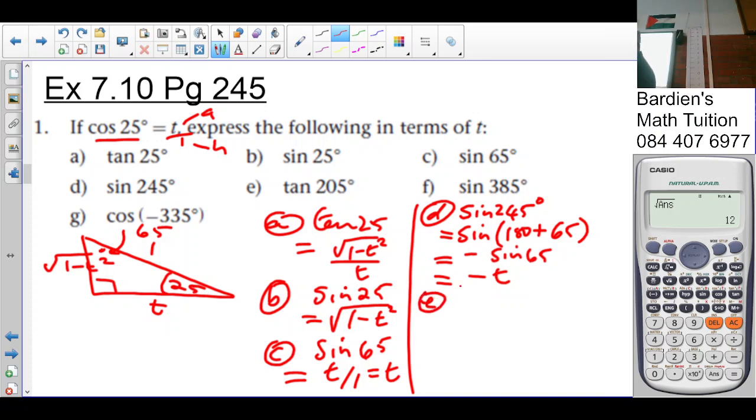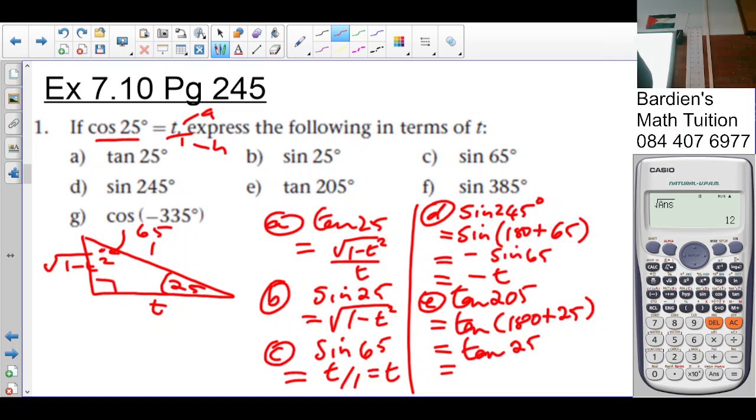E, tan of 205. Which quadrant is 205 in? Third quadrant. So it's going to be tan of 180 plus 25. Tan is positive in the third quadrant. The tan of 25 is the root of 1 minus t squared over t.